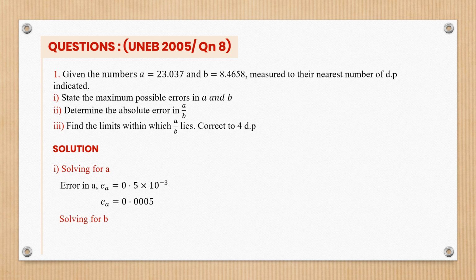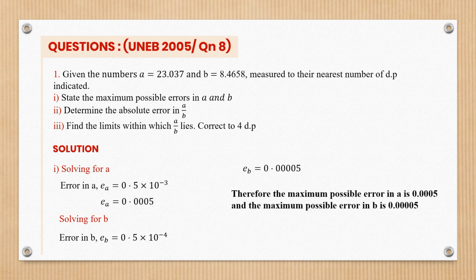Then solving for small b, the error in b shall be 0.5 times 10 to the power negative 4, because it is to 4 decimal places. So the error in b shall be 0.00005. Therefore, the maximum possible error in a shall be 0.0005, and the maximum possible error in b shall be 0.00005.